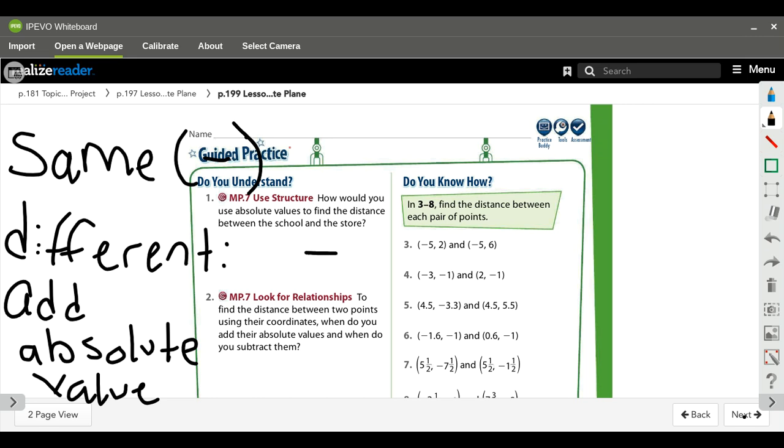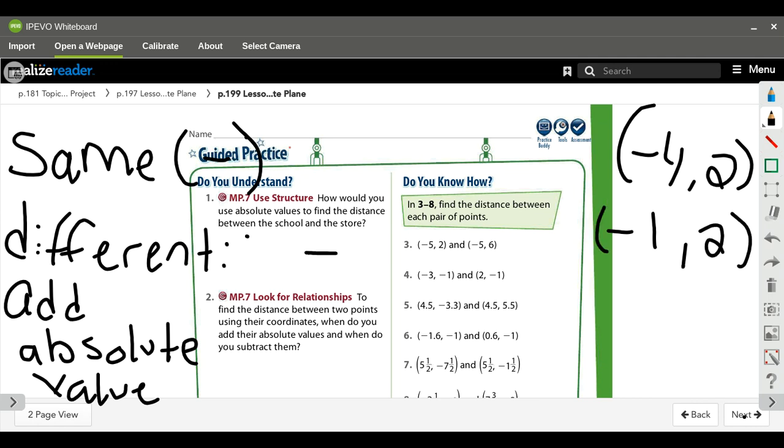So the school is going to be -4, 2. The store is going to be -1, 2. So I need to identify which coordinates are going to be different. Well, my y coordinates are both the same, so I'm not going to do anything with those. I'm going to ignore them.